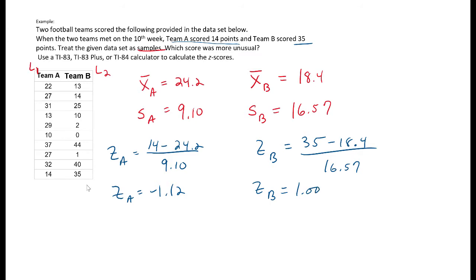So the question is, which score was more unusual? And as we talked about in the previous video, unusual means, think of a number line, think of 0 being your center point. Which z-score is farther away from that 0? Okay, you have Team A, which was negative 1.12, and then you have Team B, which was a positive 1.0.